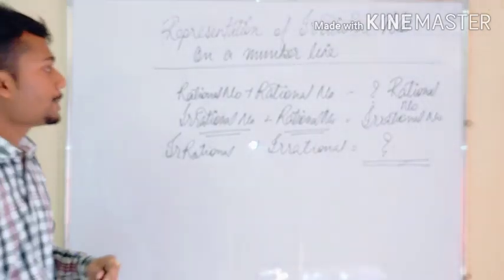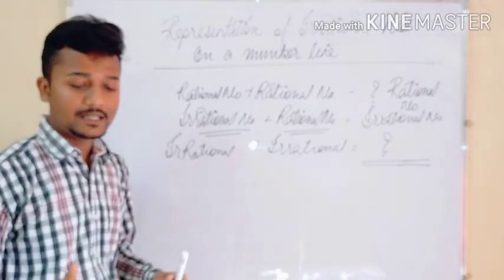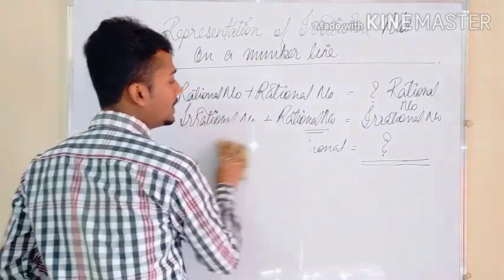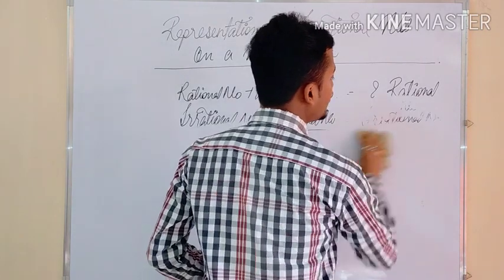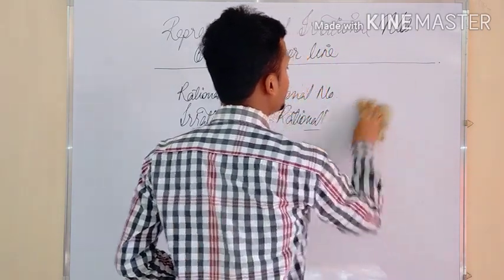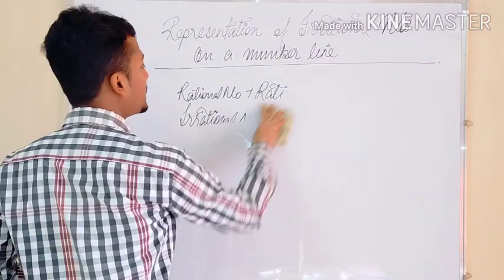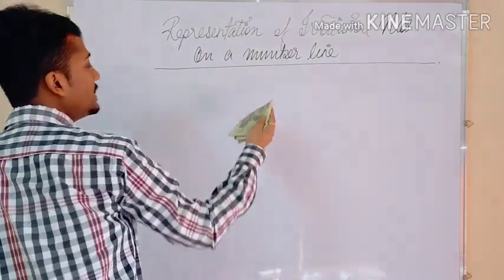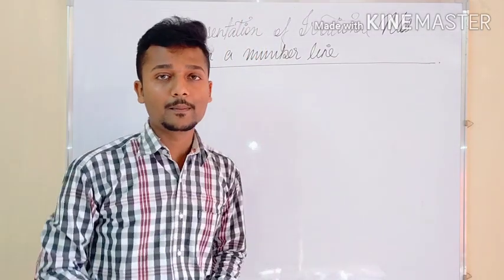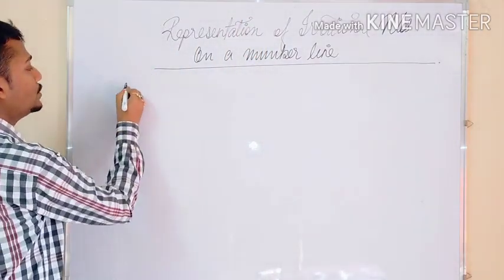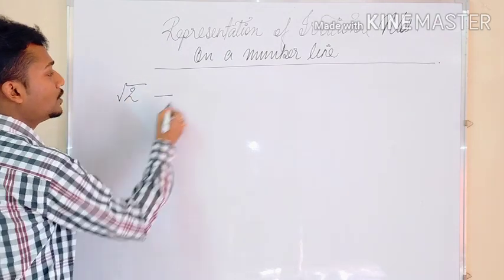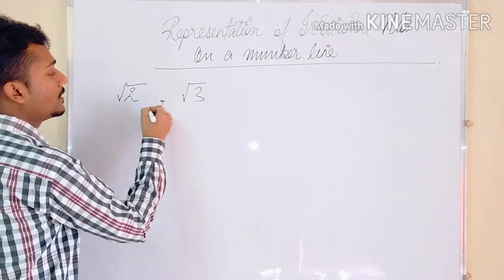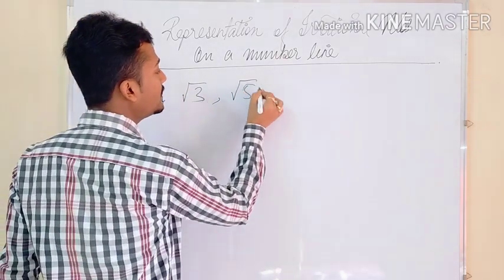Okay. So today we will try to represent irrational numbers on a number line, but there will be a minute change in the type of question. In my previous lecture, I discussed how to represent root 2, root 3, and root 5 on a number line.